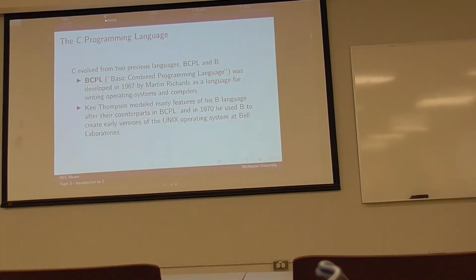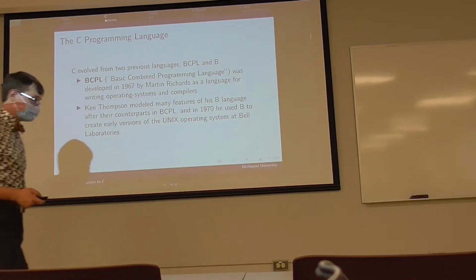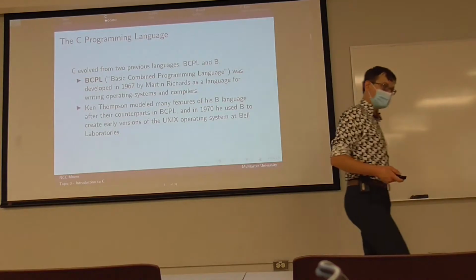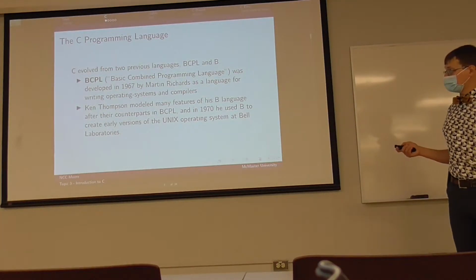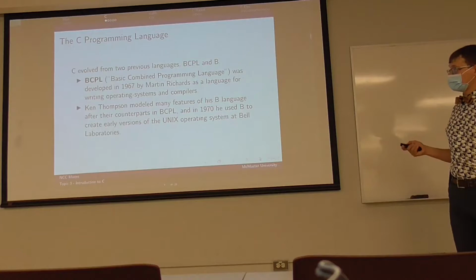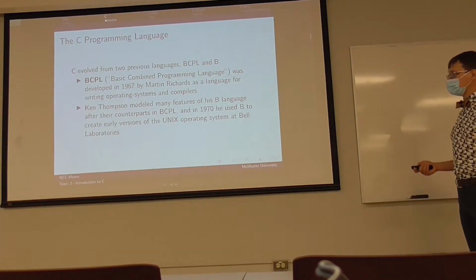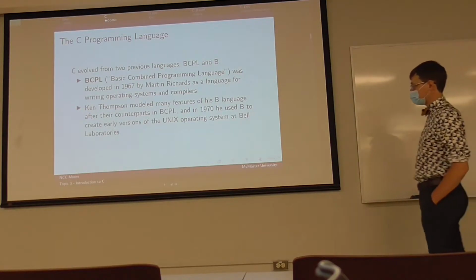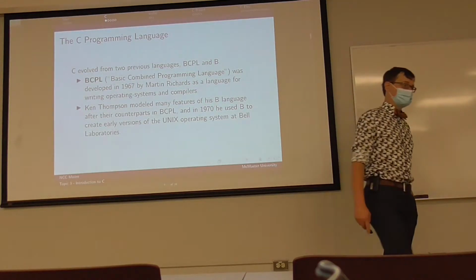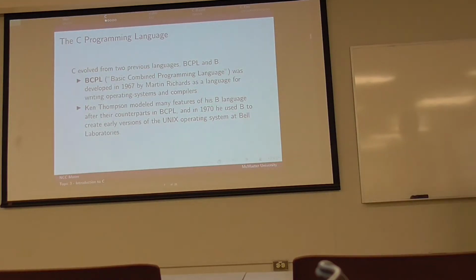C evolved from two previous languages, BCPL and B. BCPL is the Basic Combined Programming Language and was developed in 1967 by Martin Richards as a language for writing operating systems and compilers. Ken Thompson modeled many of the features of his B language after their counterparts in BCPL, and in 1970 he used B to create early versions of the Unix operating system at Bell Laboratories, although most of this work did occur in assembly.